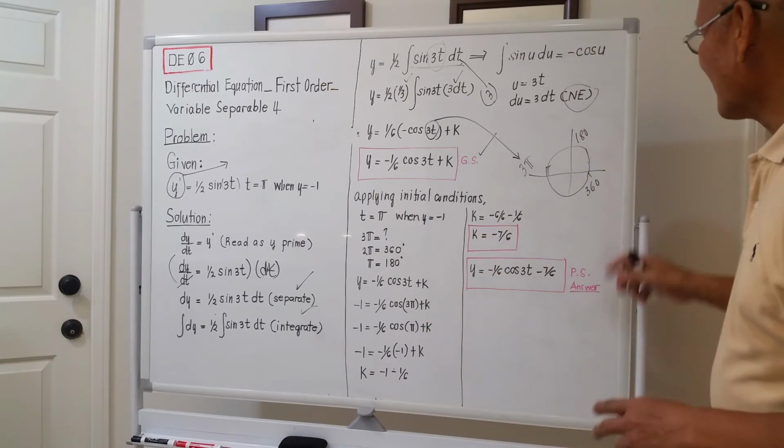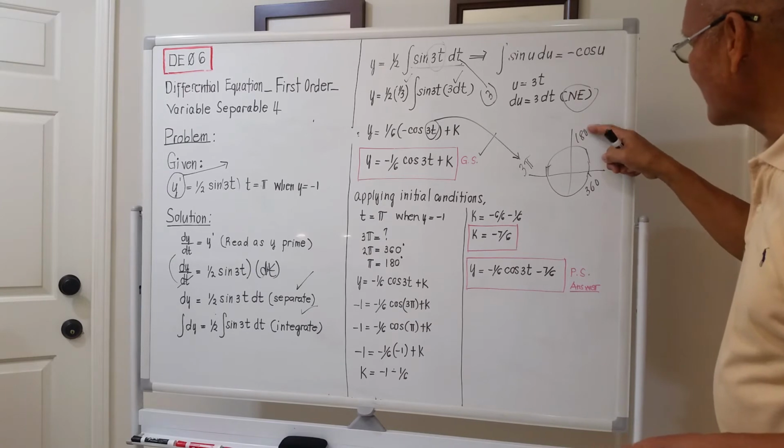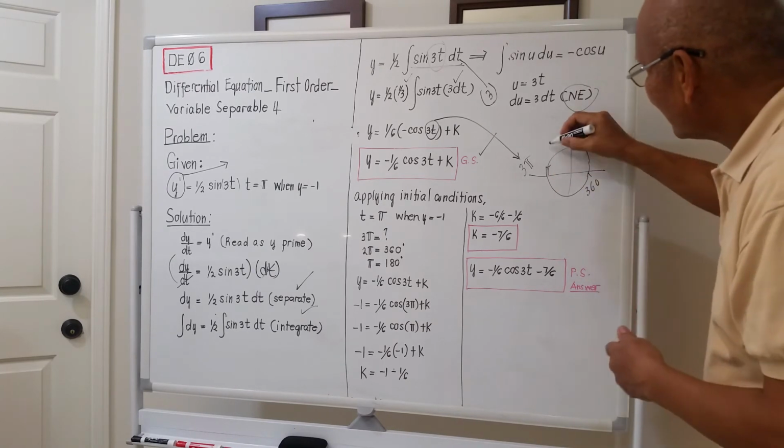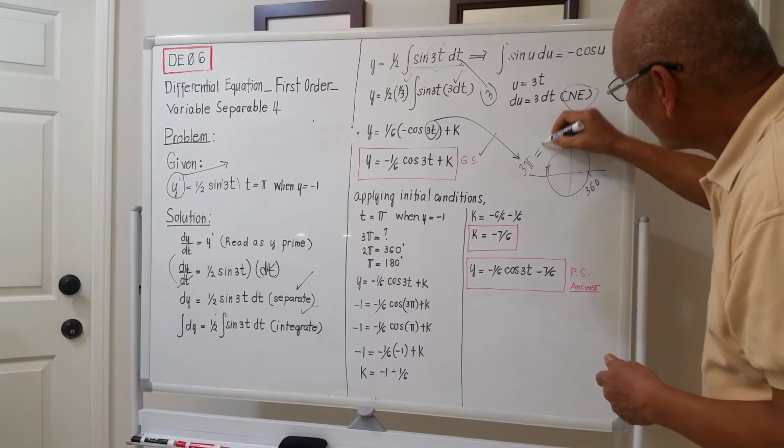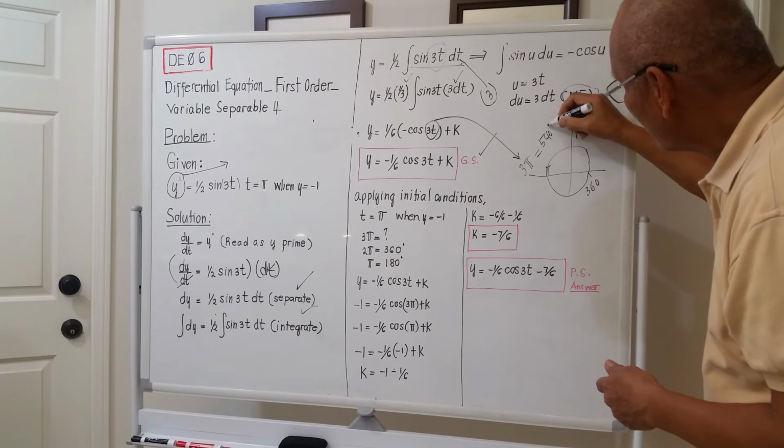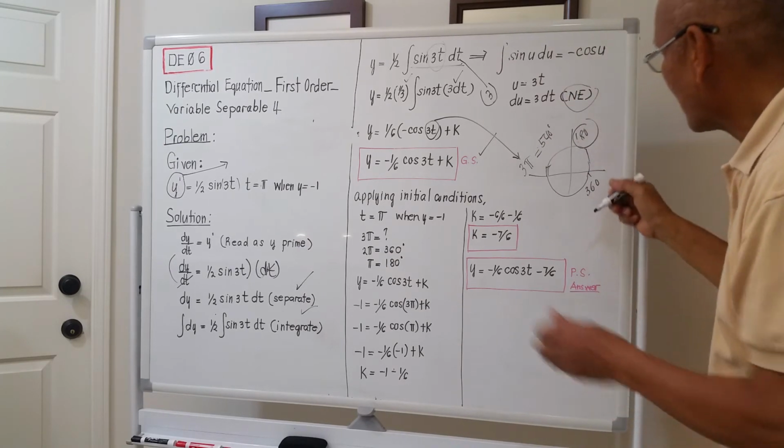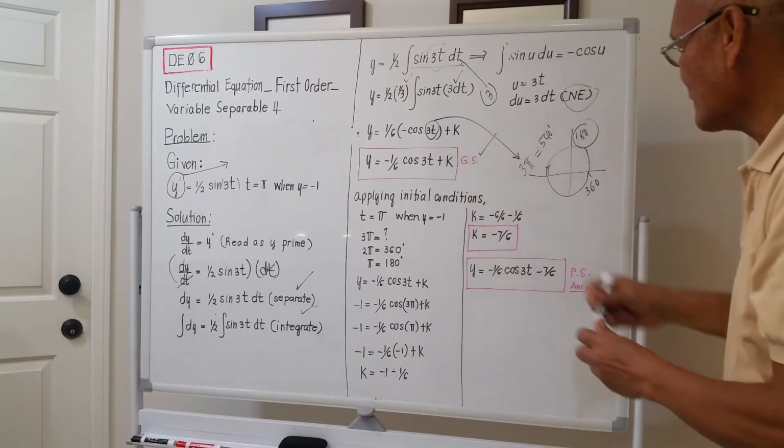So 3 pi is actually 540 degrees, or equal to 180 degrees measured counterclockwise.